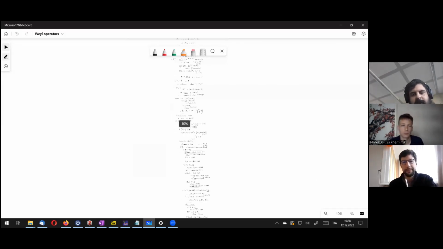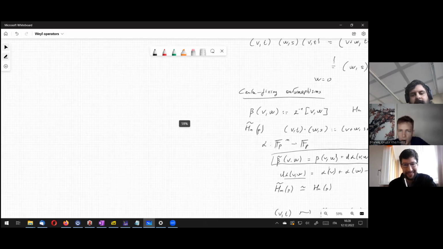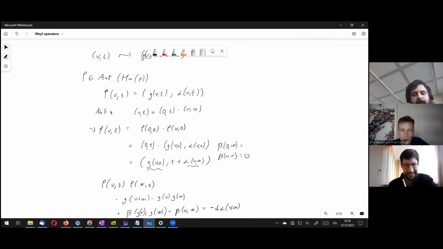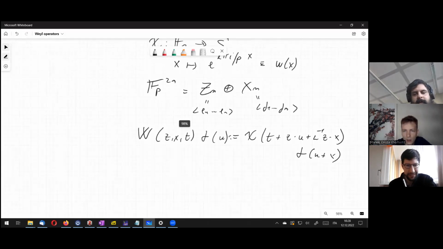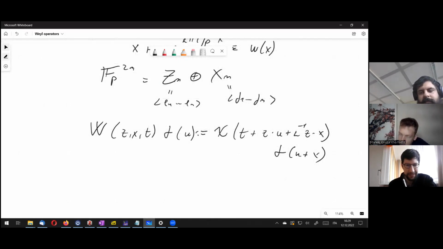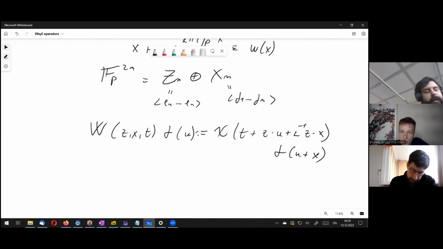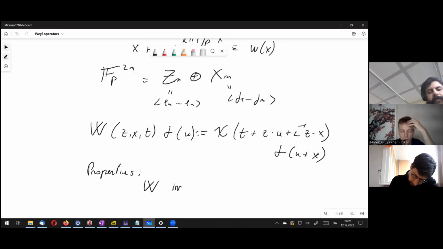Now, these operators are representations of the Heisenberg group.